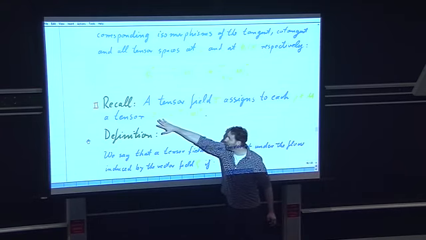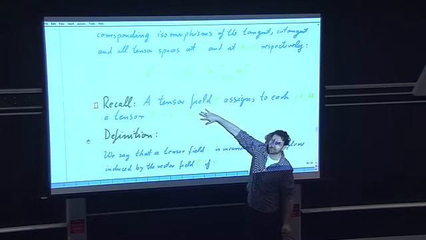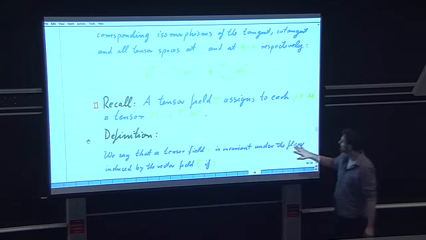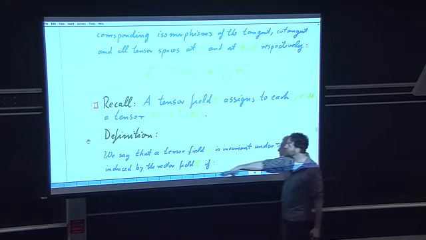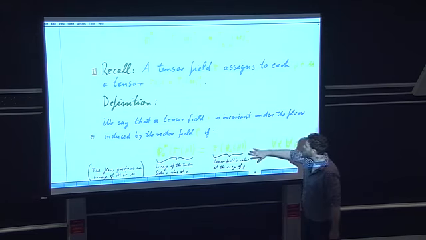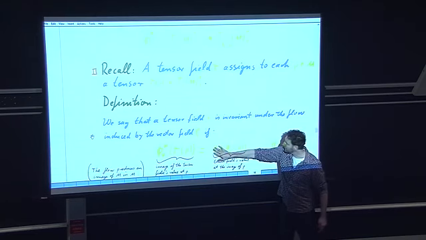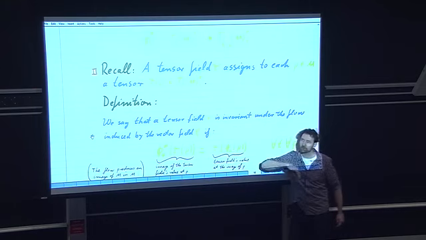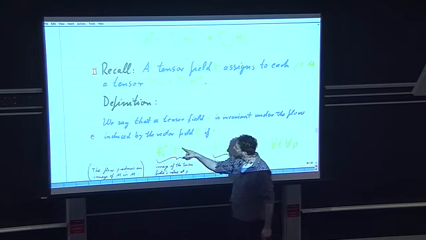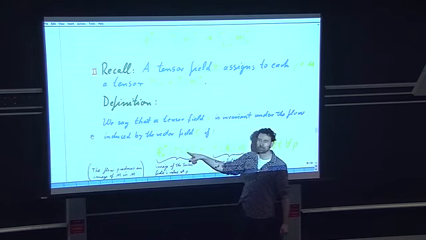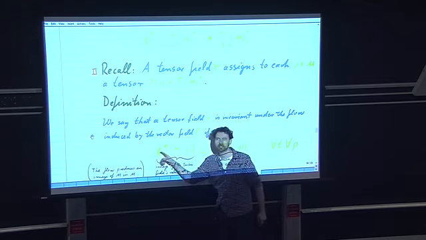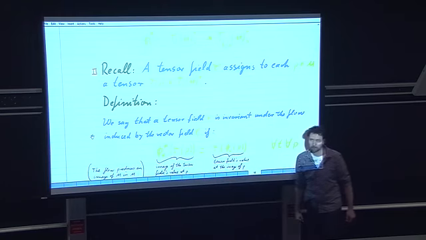So let's say tau is some general RS tensor field. Then we say that tau is invariant under the flow induced by some vector field psi if, when we evaluate the tensor field at the remote location, at the location where you float to after the flow took place, that's the same as evaluating the tensor field at the point where we started, and then mapping with the induced isomorphism into the tensor space at the remote location.